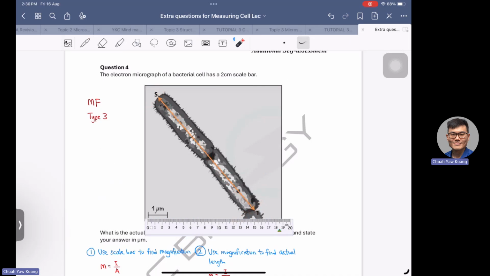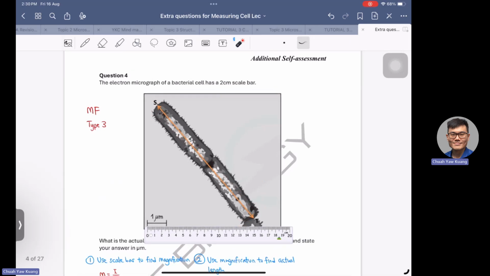But if, when you use your ruler to measure this, you find that the scale bar the question stated as 2 cm is either more than 2 cm or less than 2 cm, then you have to take note. You cannot use the measurement from your ruler directly. You have to use the measurement from the scale bar to find the measurement of this bacterial cell.